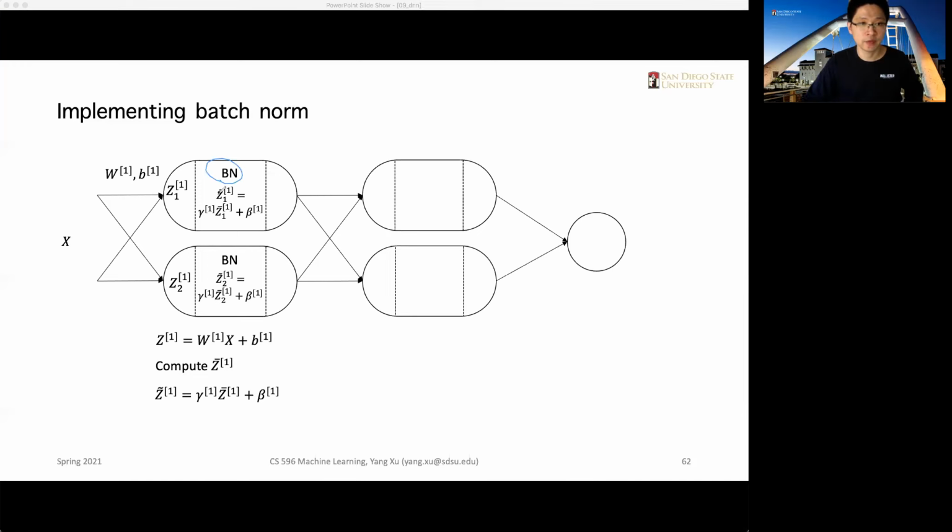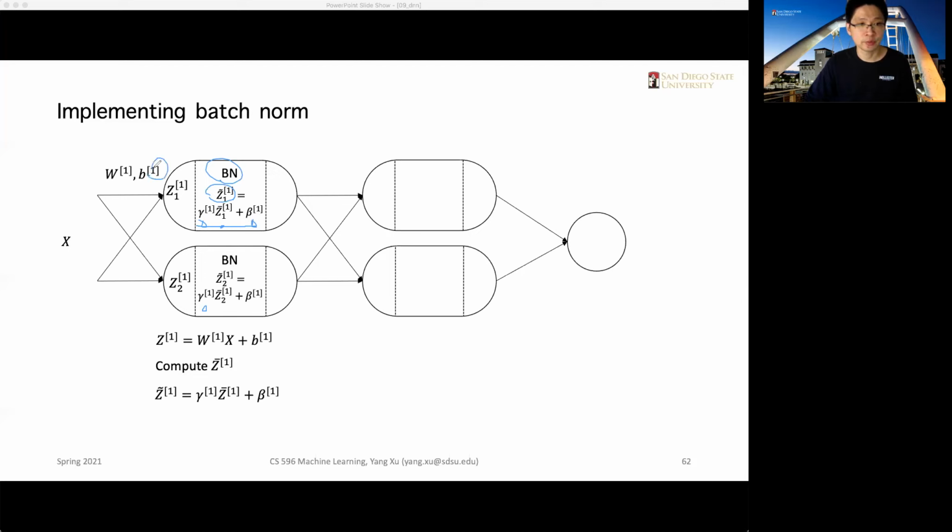With the additional gamma 1 and beta 1, they are associated with the first layer.